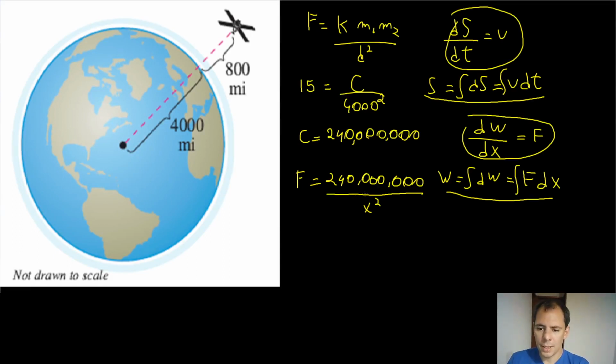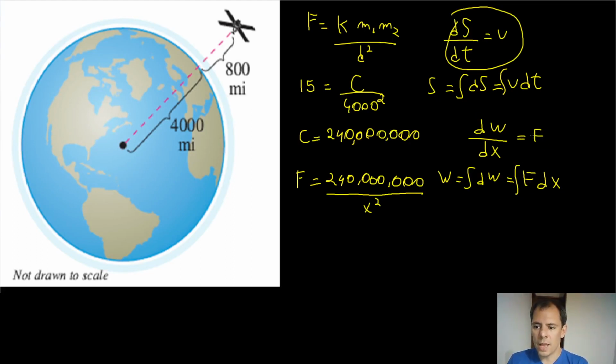So this is the immediate function, the instantaneous function, because here we have an instantaneous velocity and here we have an instantaneous force. Having an instantaneous force and multiplying it by dx, this is going to be equal to the derivative of the work.